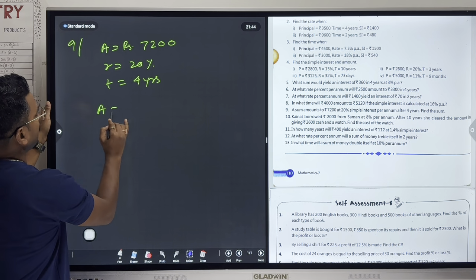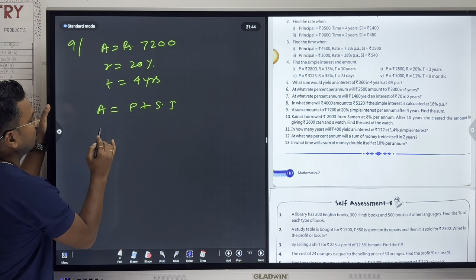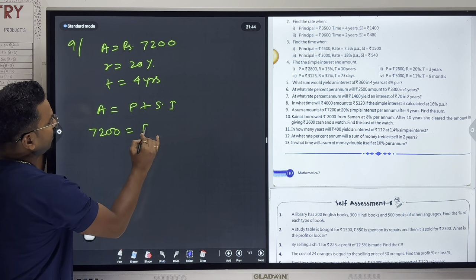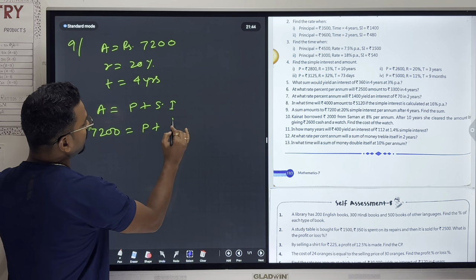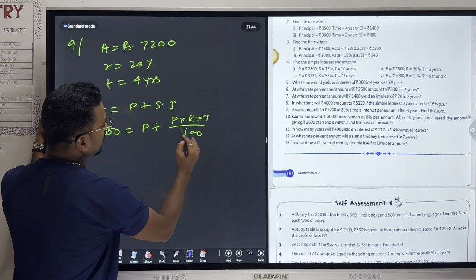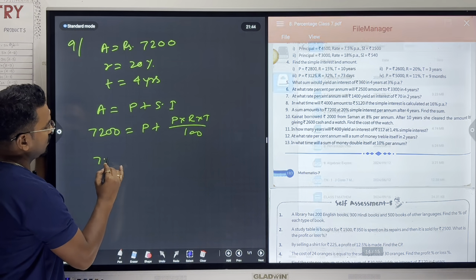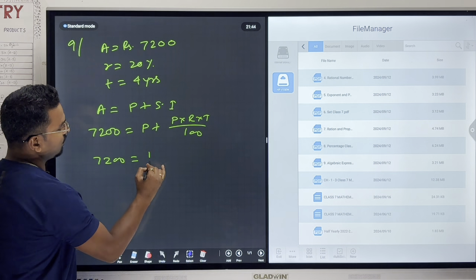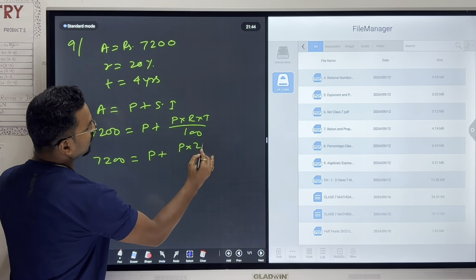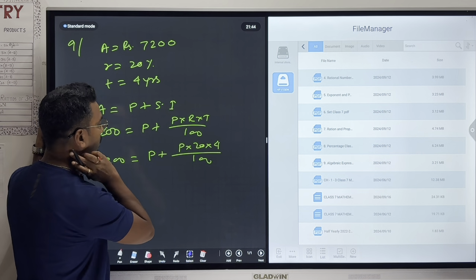So we know that amount equals to principal plus simple interest. So amount is given 7,200, principal we don't know, P into R into T by 100. Principal we don't know, right? But rate and time we know it. 7200 equals principal plus P into rate of interest 20% and time 4, divided by 100.